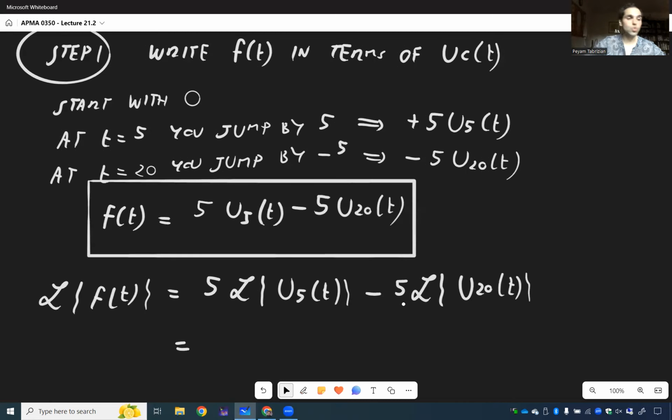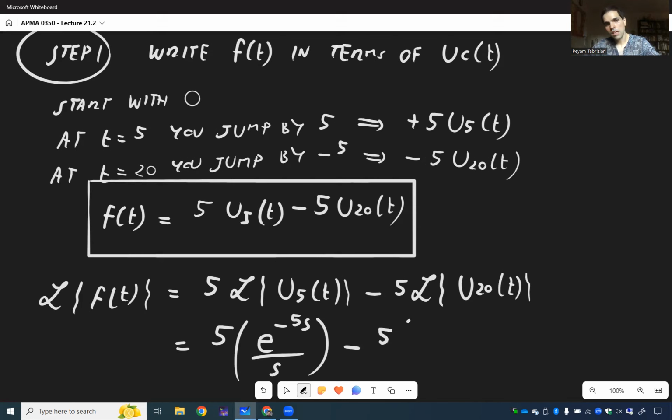And here we just use the Laplace of the Heaviside function. So it just becomes 5 e of minus 5s over s, and then minus 5 e of minus 20s over s.